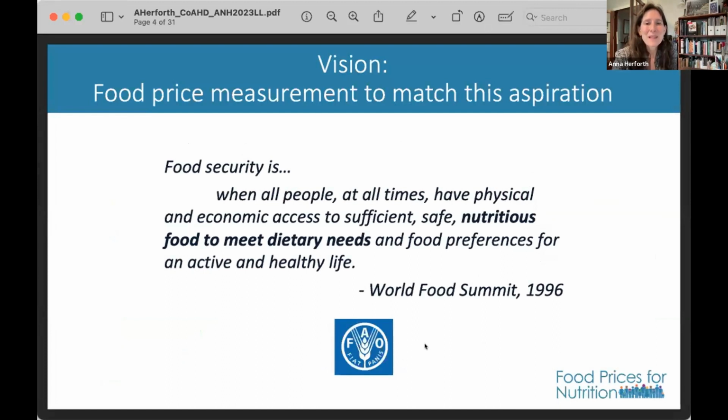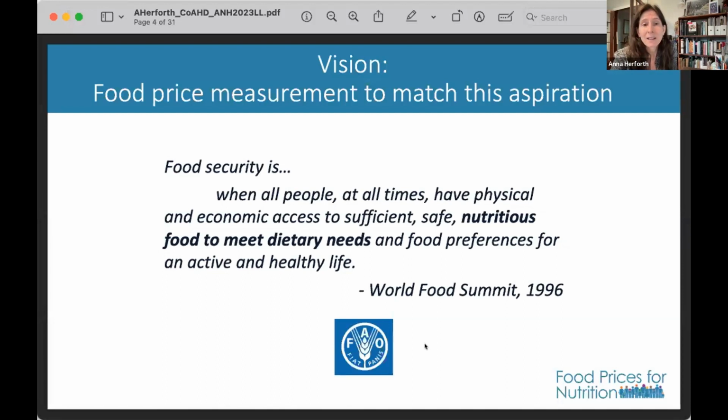But I think it's worth repeating that really it's a simple but big intention that we want food price measurement to match the aspiration in the global definition of food security, that when all people at all times have physical and economic access to sufficient, safe, nutritious food to meet dietary needs and food preferences for an active and healthy life. And this project started, actually the first phase of it, back in 2016.